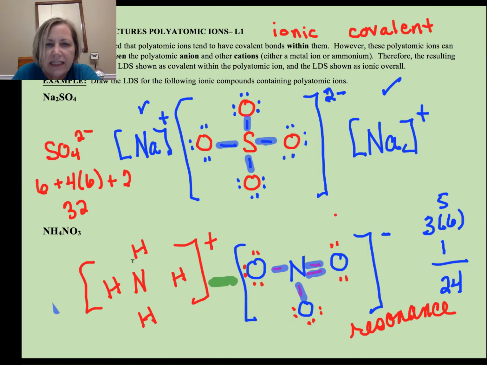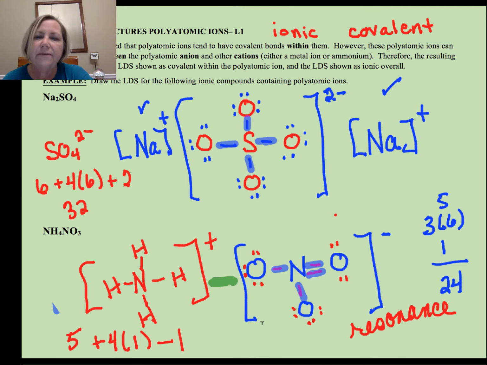So I've got 5, 6, 7, 8. Nitrogen brings 5, 4 hydrogens each bring 1, but this time I'm short an electron. It's been actually given to the nitrate. So I've got 8 electrons, 2, 4, 6, 8. Everything is satisfied. And that's how you would draw a Lewis dot structure for ionic compounds.